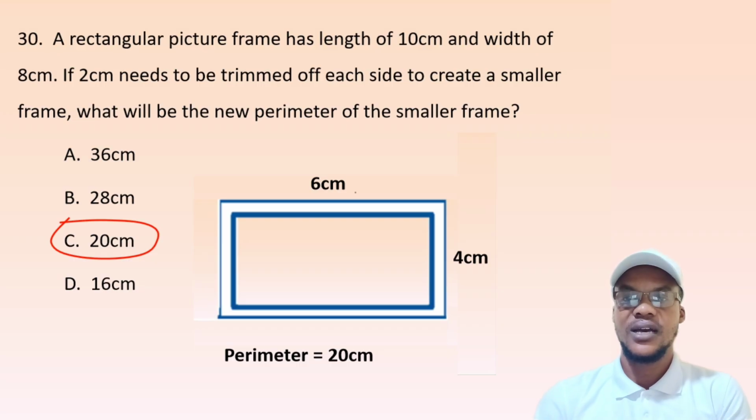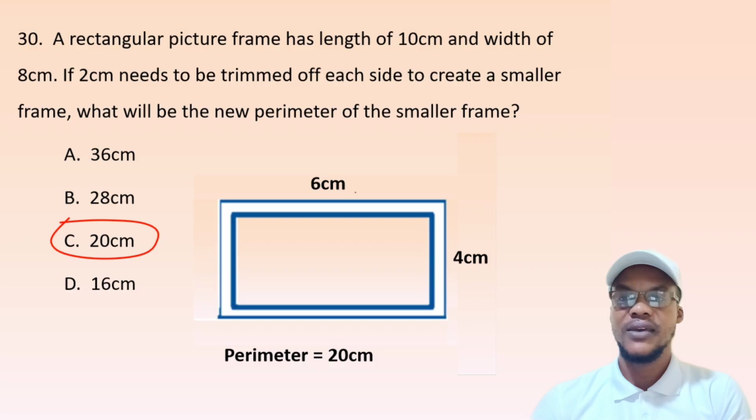So whenever you have such a question, please kindly take your time. All right, the reason why most people were getting this wrong was that because the question said 2 centimeters needs to be trimmed off each side. So what they would do is they would take only the 10 centimeters as length and just subtract 2 centimeters from 10 to get 8.